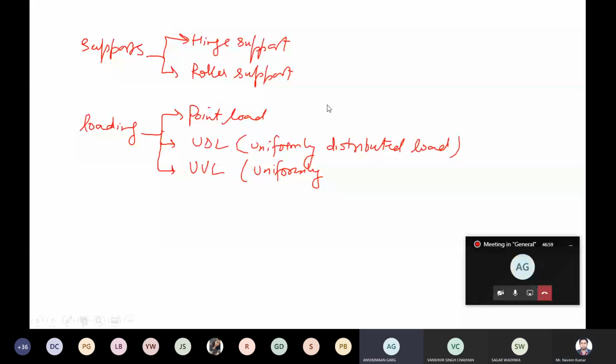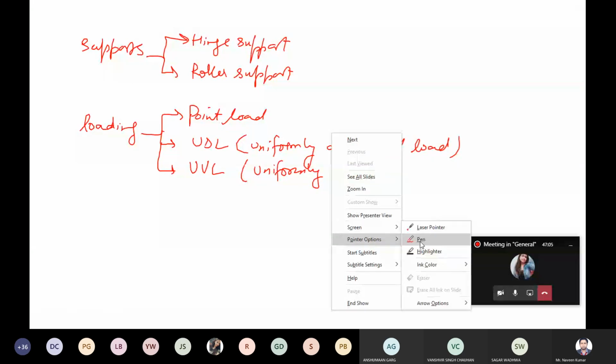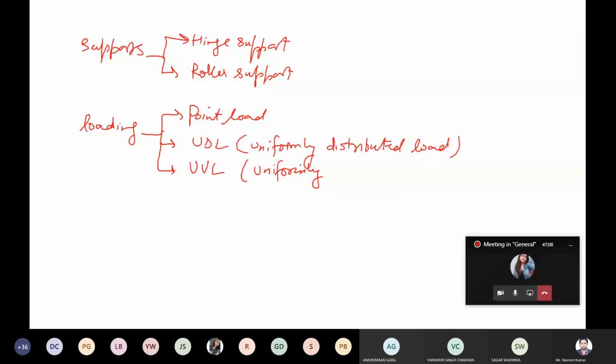Uniformly varying load. Fine. The symbol of hinge support is like that. Roller support is like that. In this, we restrict the motion in 2 directions. The example is a door, which we discussed yesterday for the moment also.